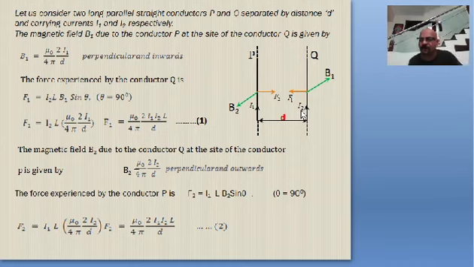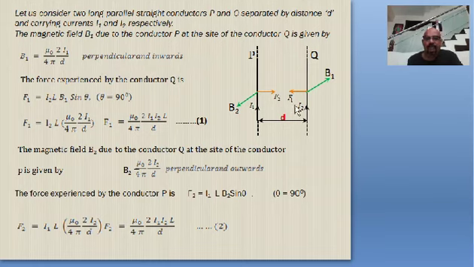So I repeat again, B1 is the magnetic field due to the conductor P carrying the current I1 at the site of the conductor Q. As we know, B1 is equal to mu naught divided by 4 pi into 2 I1 divided by d, that is, B is equal to mu naught I divided by 2 pi d. This derivation we have done using Ampere's circuital law.